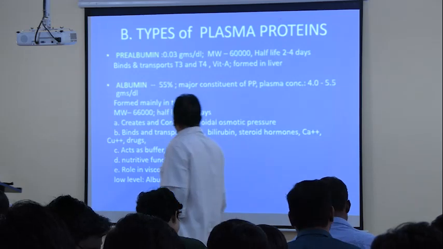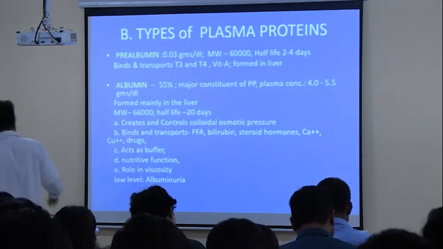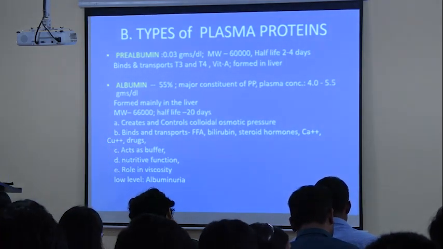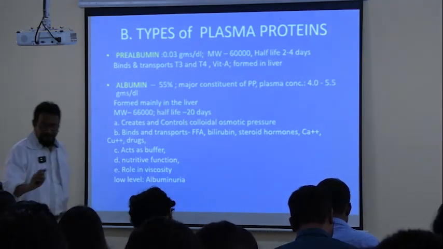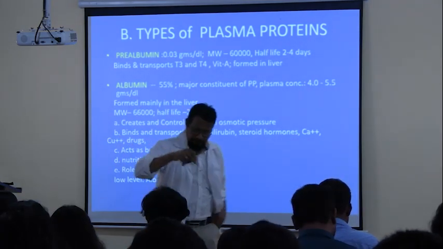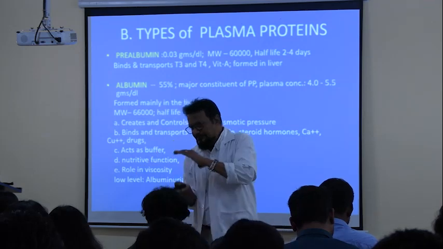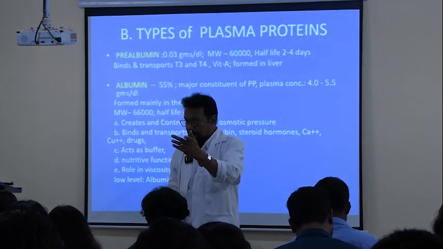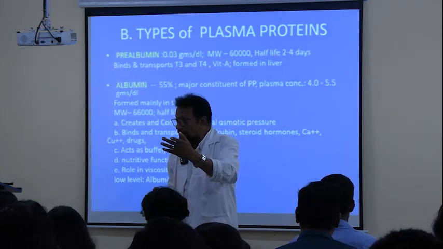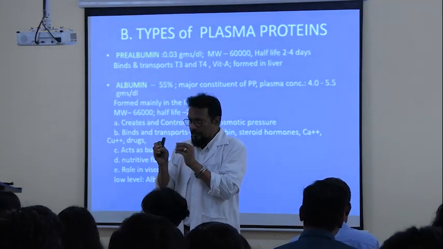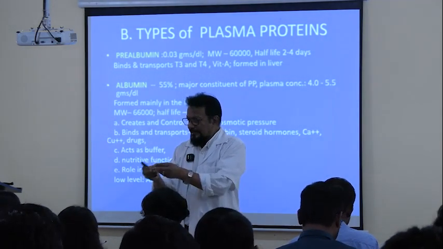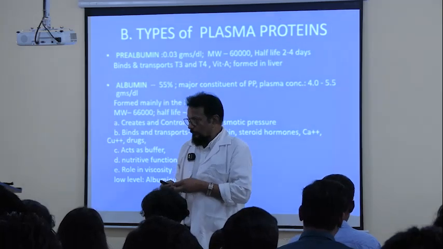Now, plasma proteins. We will be studying the different types of plasma proteins. One is pre-albumin. In some books you won't find it; it is combined with albumin. This is the precursor of albumin. When it is produced, something is added to it, and then it is converted into albumin.